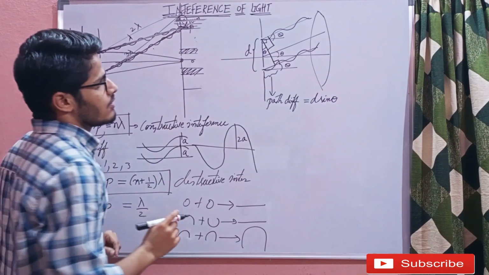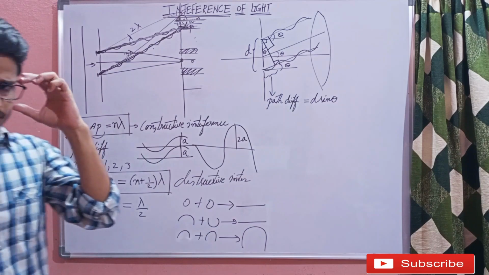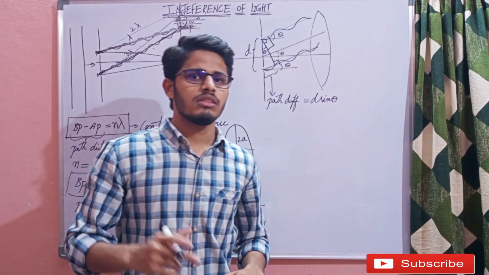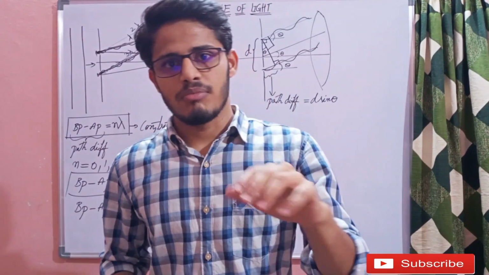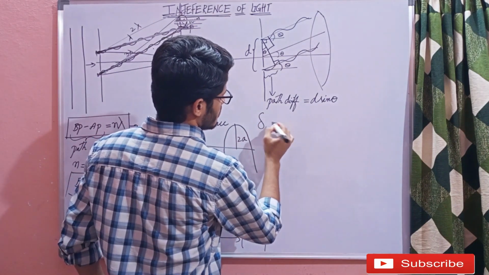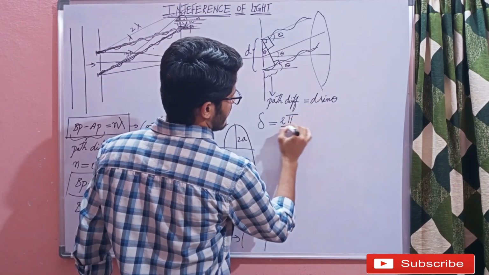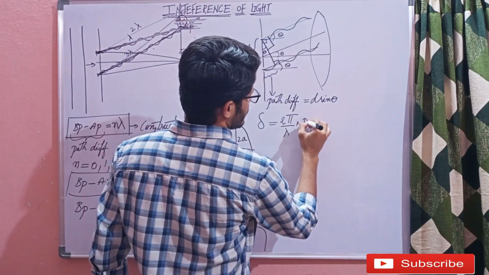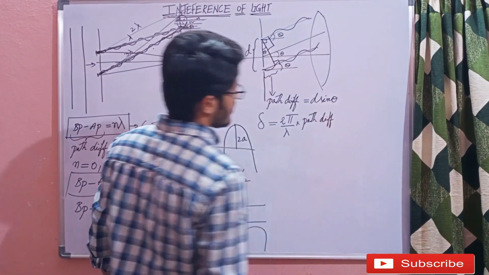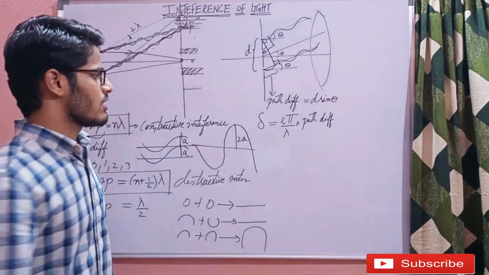Okay, and from this path difference we know the relation between the phase difference and path difference. The phase difference, denoting it with delta, is 2 pi by lambda into path difference. This is the relation between path difference and phase difference of a wave.